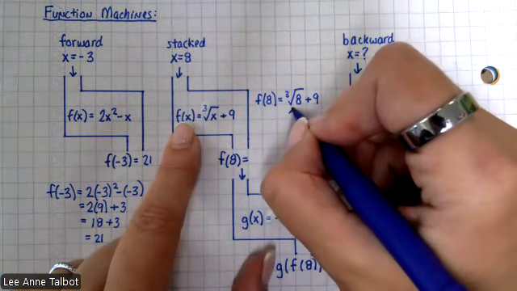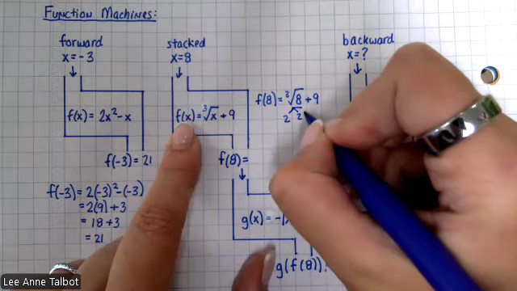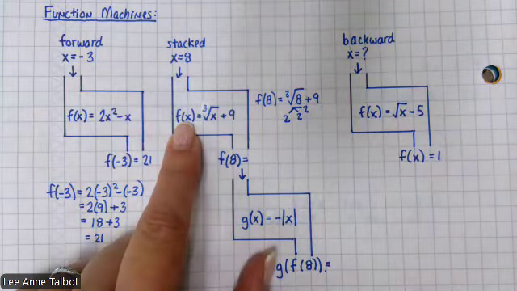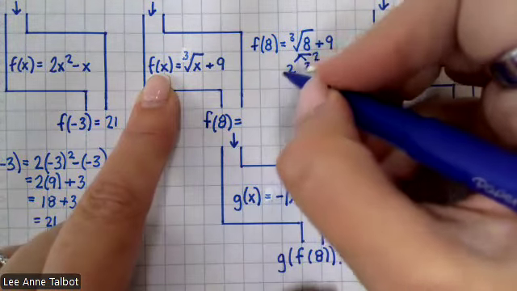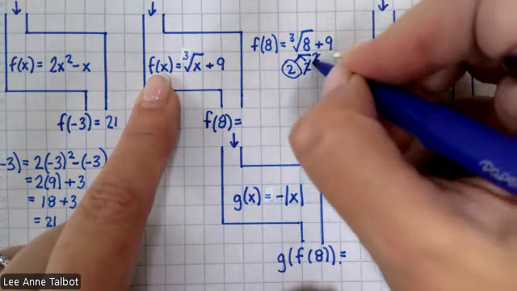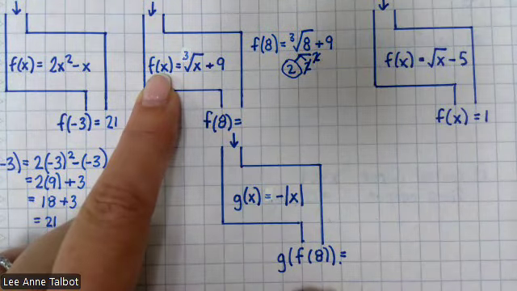Okay, now cube root, I just want to remind you, it's something times itself times itself. So the cube root of 8 is 2.